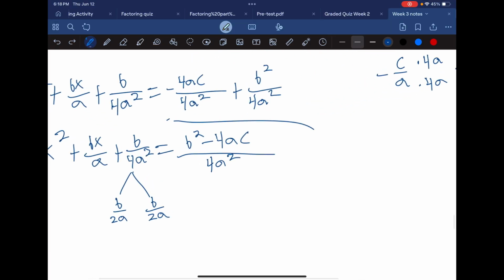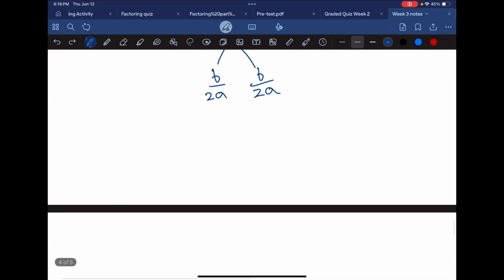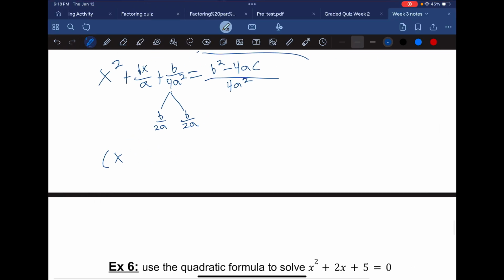All right, so you have that, and then we can rewrite it into x plus b over 2a squared equals b squared minus 4ac over 4a squared.